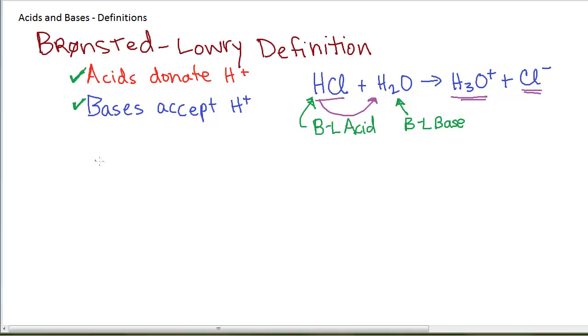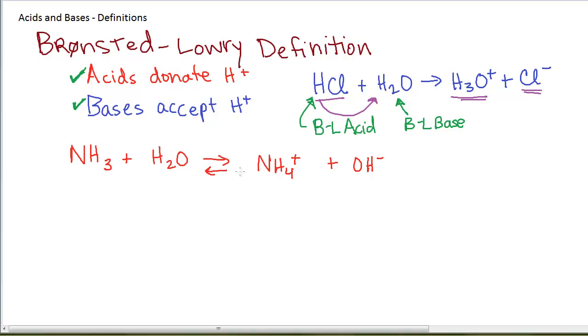As we look at another example of a Bronsted-Lowry acid-base reaction, let's look at the reaction of ammonia with water. If I put ammonia in water, it reacts to form ammonium ion and the hydroxide ion. In Chem 1, we talked a little bit about the fact that this reaction really does not go to completion.